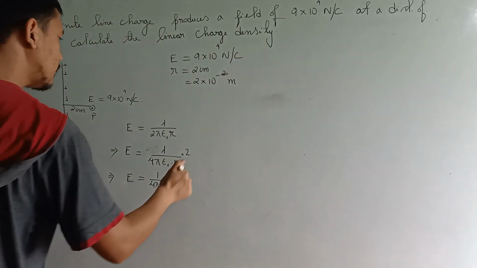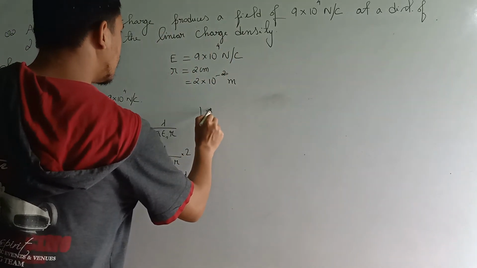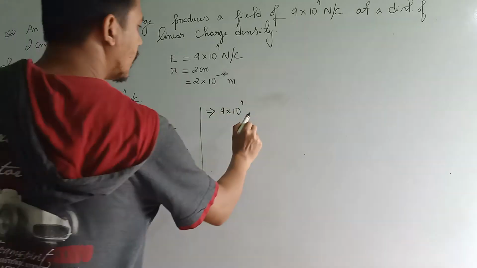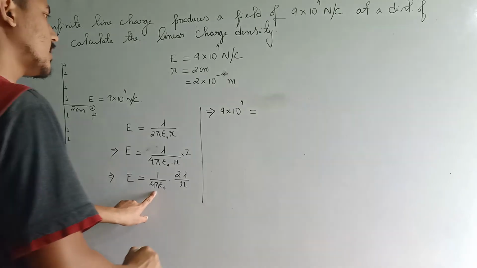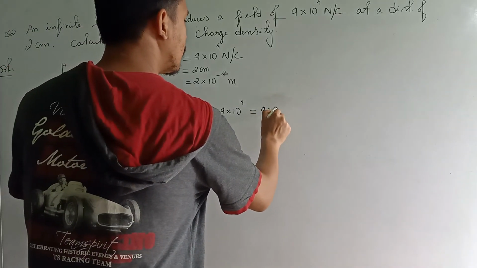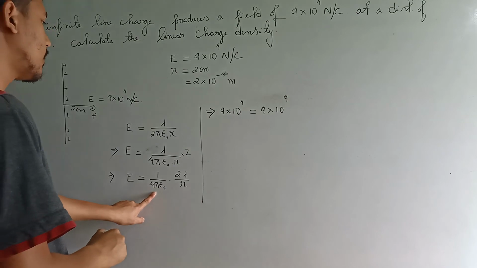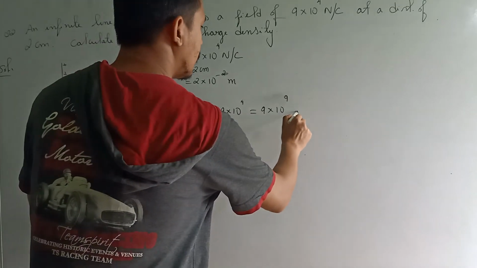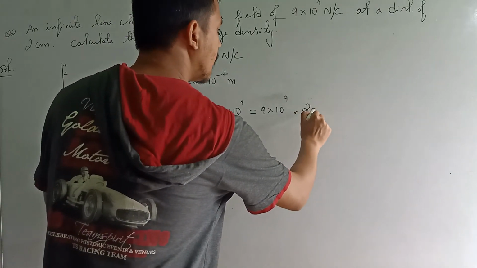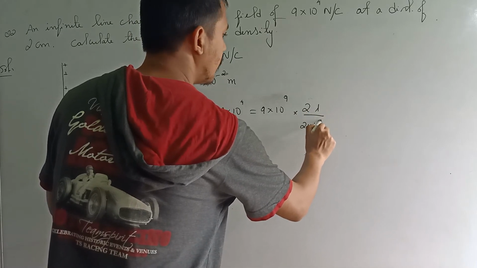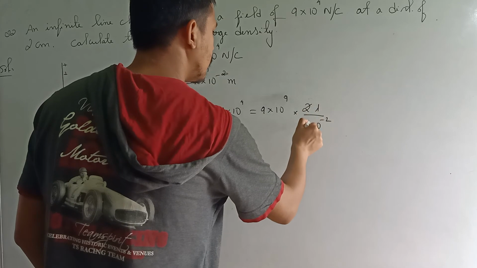Now, your E is given to be 9 into 10 to the power 4. 1 by 4 pi epsilon naught is 9 into 10 to the power 9 Newton meter square per coulomb, into 2 lambda. 2 lambda is unknown. Your r is 2 into 10 to the power minus 2. Here 2 cancels out.